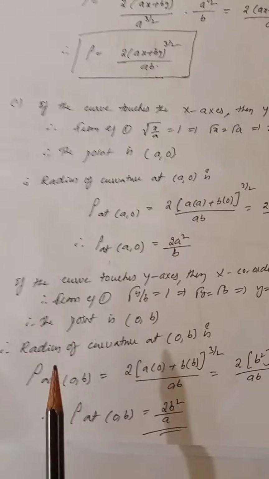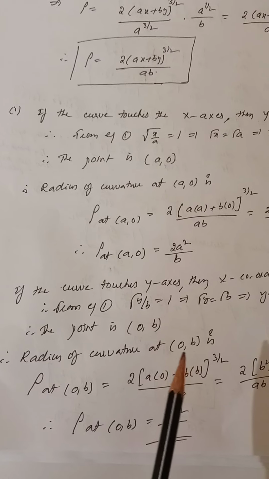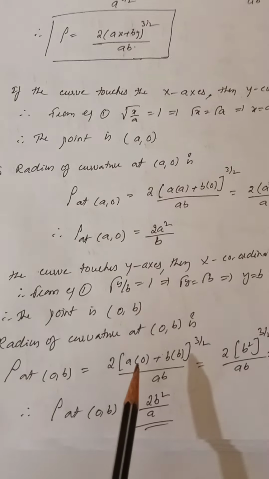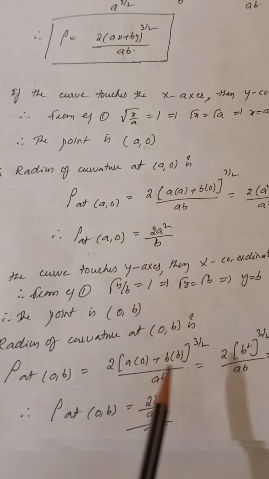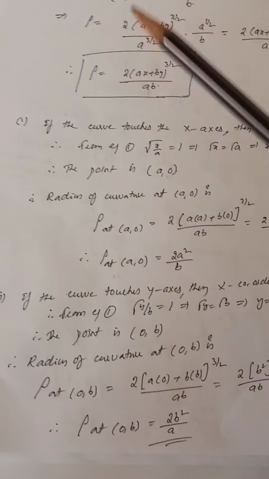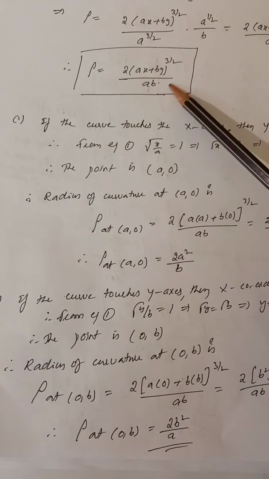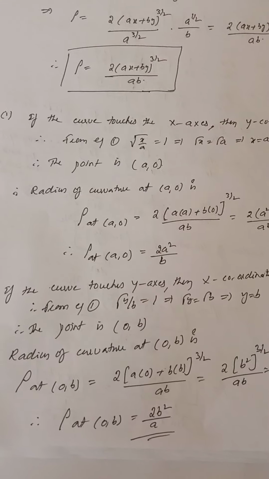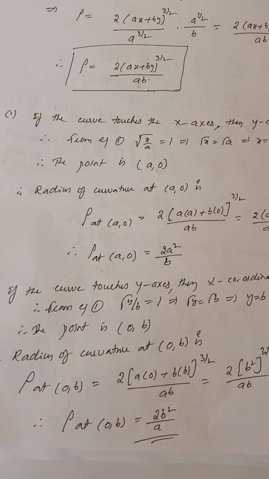We have to find the radius of curvature at the point 0 comma b. By substituting 0 in place of x and b in place of y in this formula for rho, we got rho is equal to 2b square by a. This is the radius of curvature at the points a comma 0 and also at the point 0 comma b.